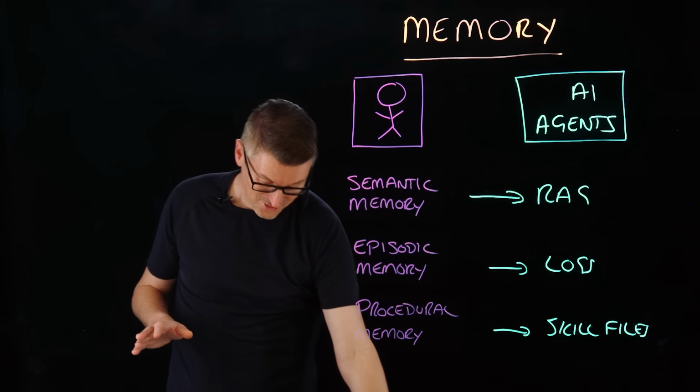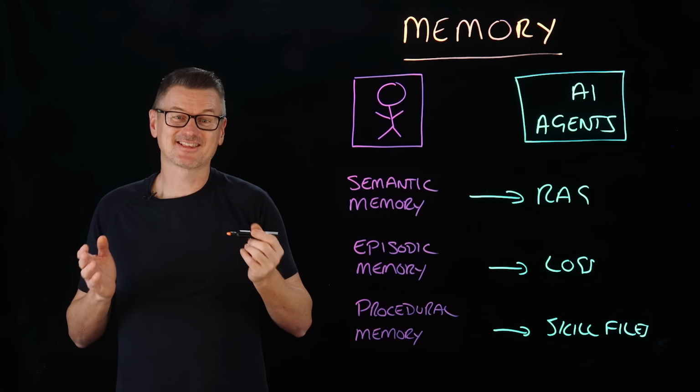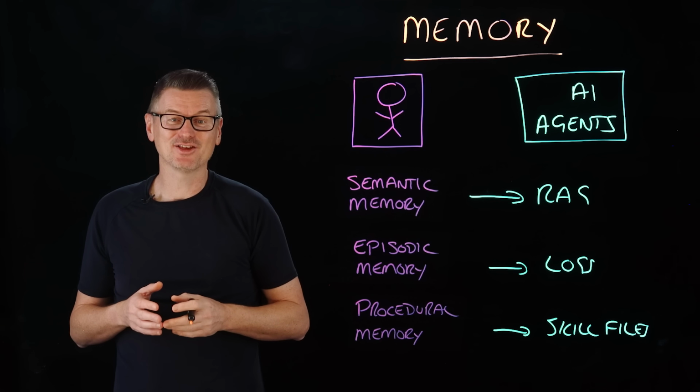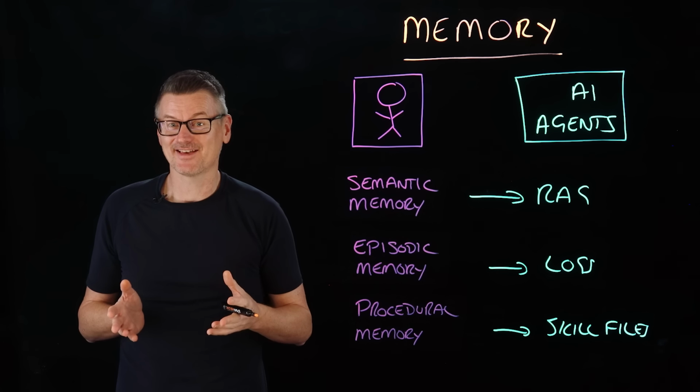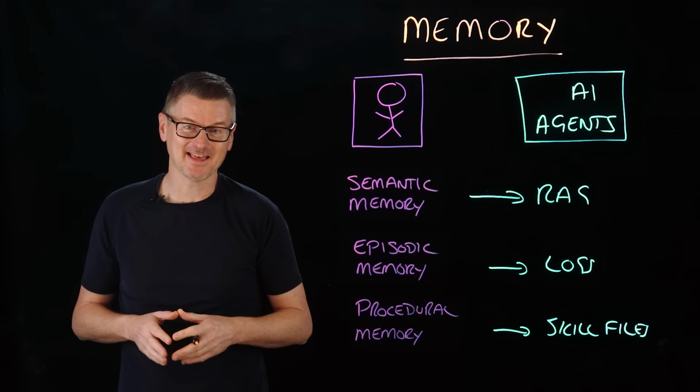Now, one thing that does need mentioning is that skills can include executable scripts with access to file systems and environment variables and API keys.